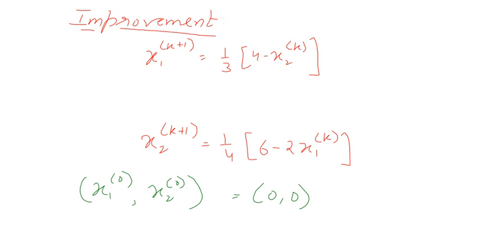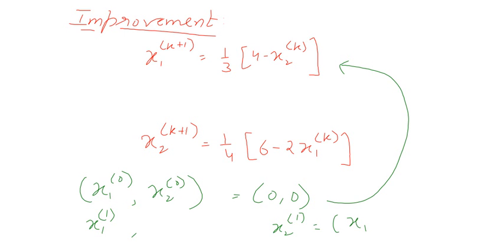You have started with an initial vector x1 0 comma x2 0 as 0 0. Once you use this to get x1 1, then for evaluating x2 1, instead of x1 0 comma x2 0, I prefer to go for the improved value of x1.